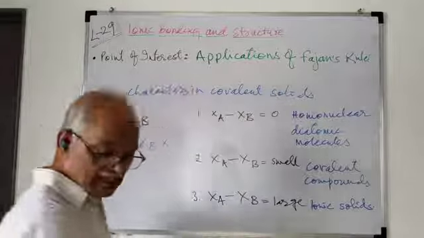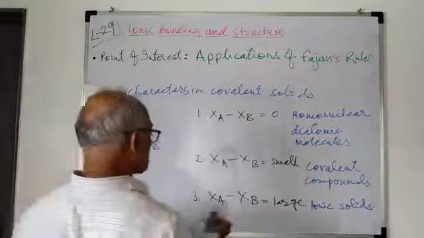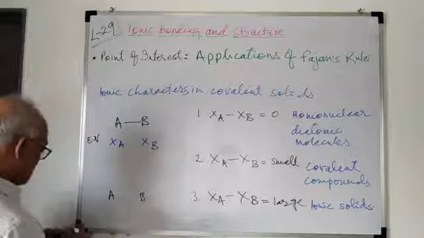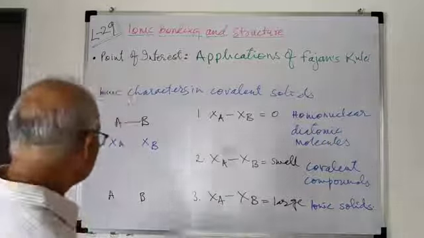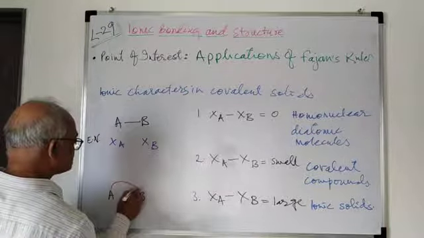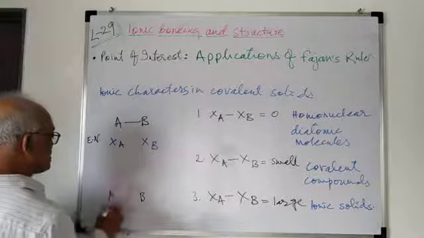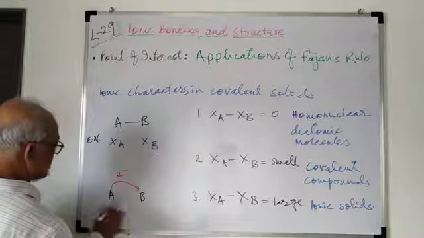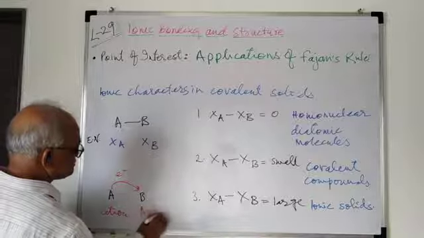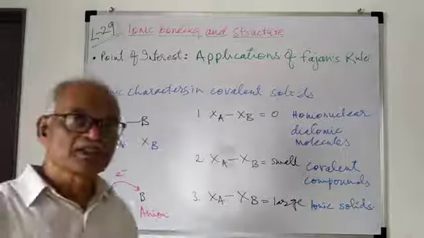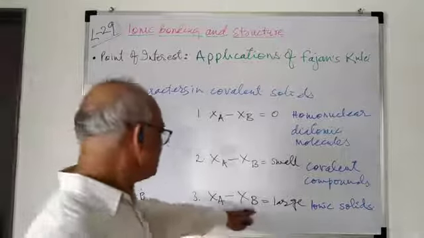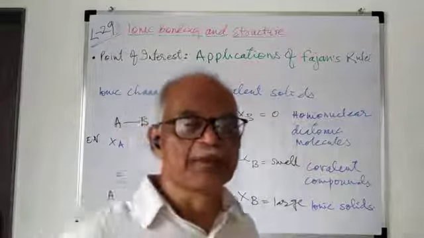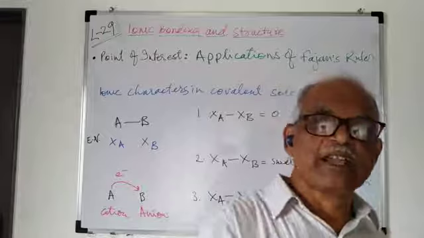In such a case, you will find that the electron of A is completely transferred from A to B. The electron is completely transferred, so one becomes a cation and the other becomes an anion, and that is why it shows ionic character. So when XA minus XB is large, the compound is ionic because the electron transfer takes place from A to B.